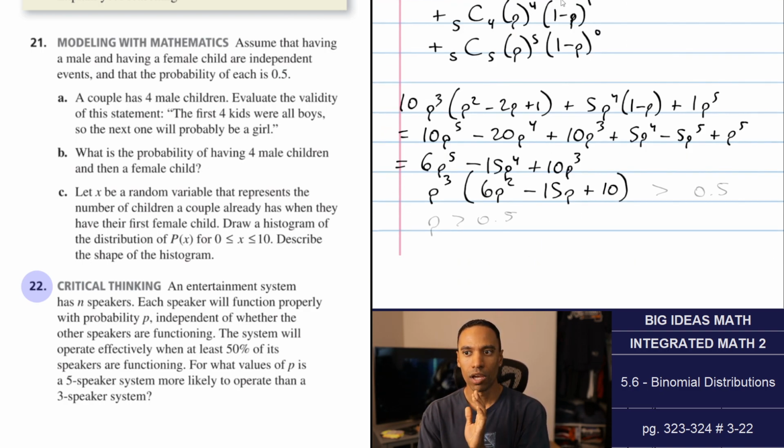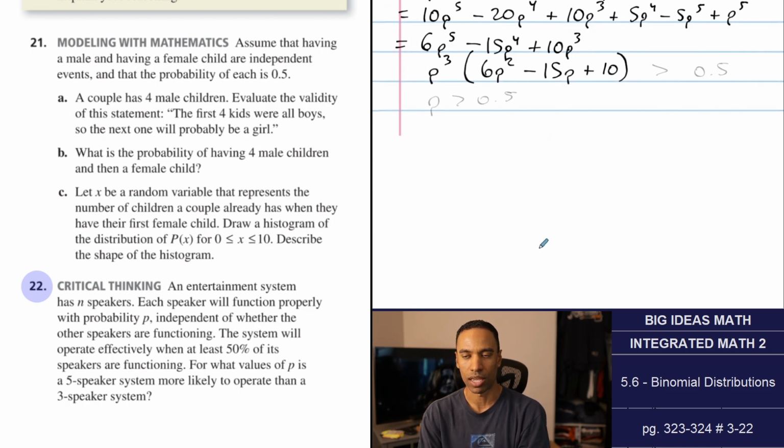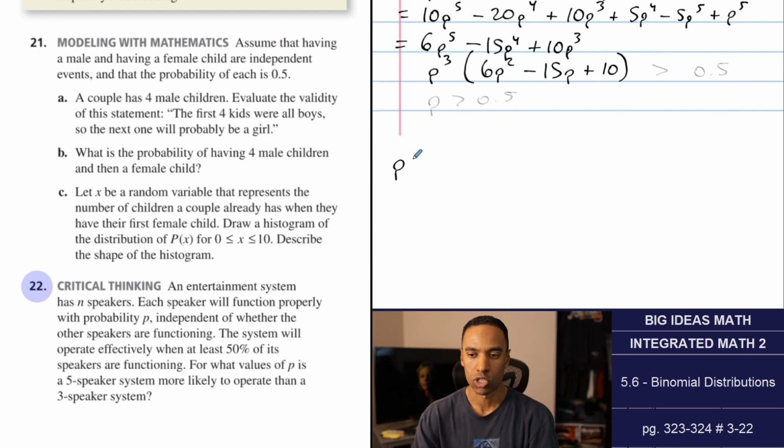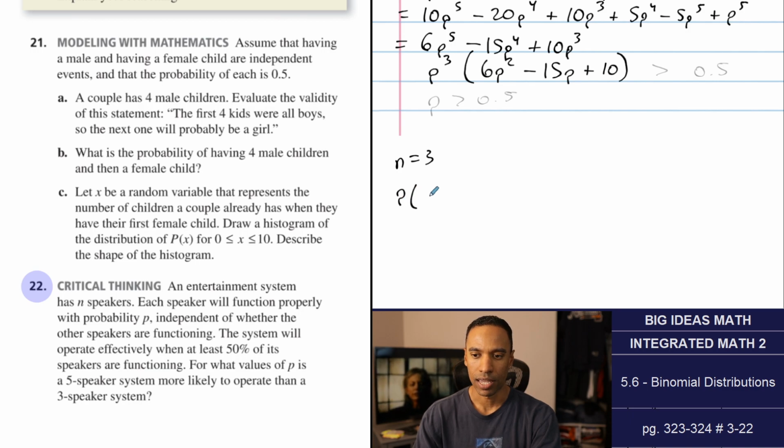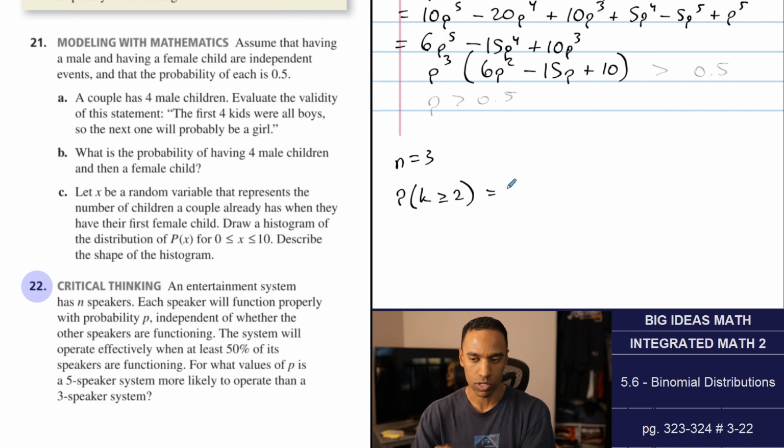Let's look at a 3-speaker system and do the same thing. For a 3-speaker system, you need 2 or more speakers working. So for n is 3, the probability of k greater than or equal to 2, right? 2 or 3 speakers need to work. You can't have 1 or 0, that's less than half. So that would be probability of 2 plus probability of 3.